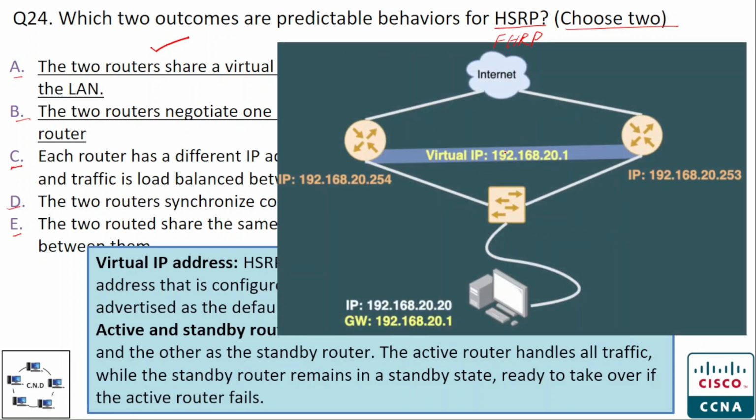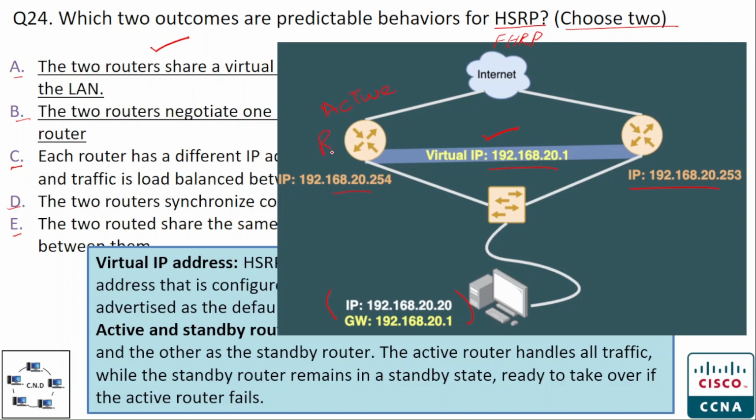Again, as I already explained in the previous question, the two routers share a virtual gateway or a virtual IP, and the clients on the LAN use this virtual gateway. They do not use the physical IP addresses of the individual routers, and these are configured as active and passive. One router is active at a time.